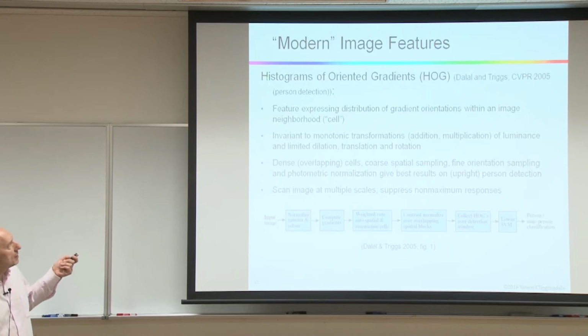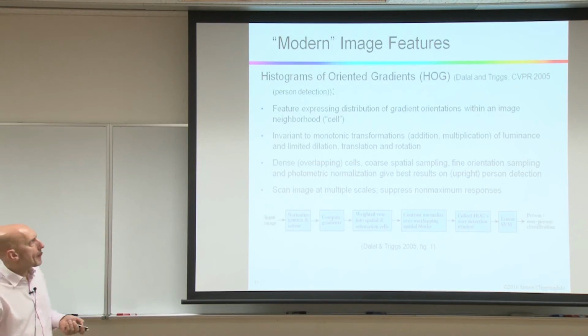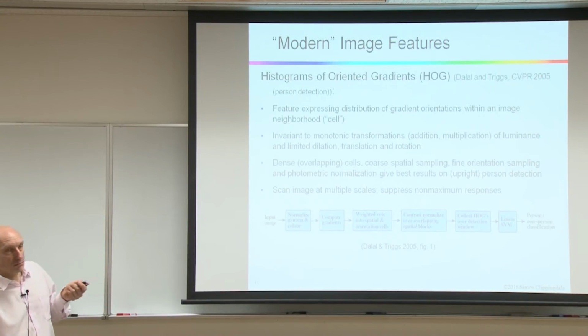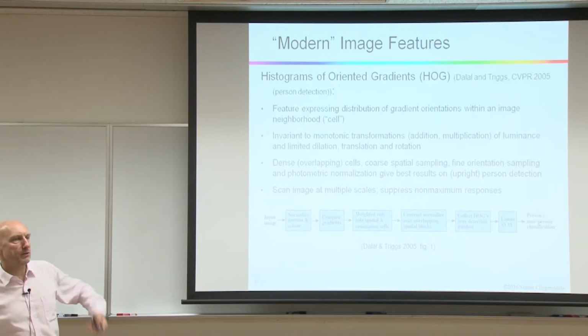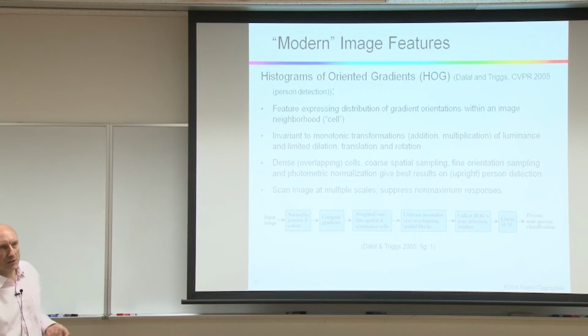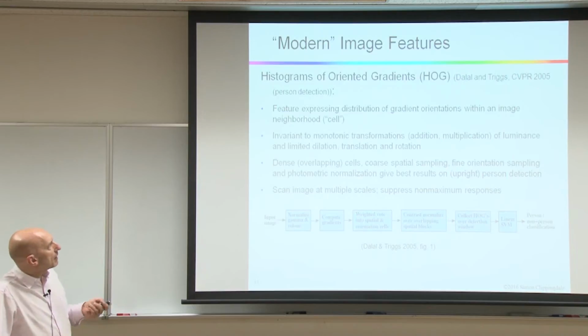Another one is histograms of oriented gradients. This has been very good and is still used for detecting people's whole bodies. For example, self-driving cars use a lot of detectors based on these to try and spot pedestrians wandering around in the road.